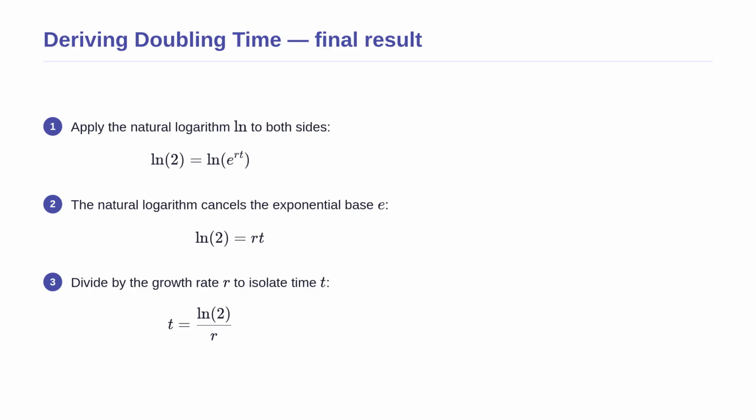The natural logarithm is the mathematical inverse of the exponential function, meaning it effectively cancels out the base constant e. This algebraic trick brings the growth rate and time variables down to the main line. Finally, we rearrange the equation to isolate the time variable by dividing both sides by the continuous growth rate. This gives us the standard, universally used formula for calculating doubling time.